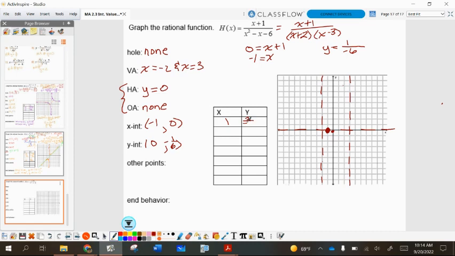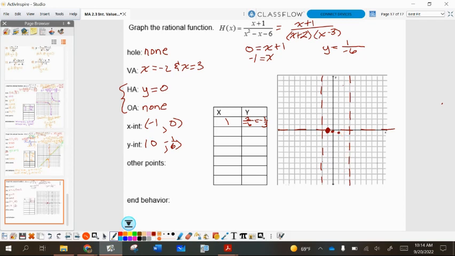So that's 2 over negative 6, which gives me negative 1/3. So still negative, but definitely coming down. I can see that trend, and it's going to be approaching that vertical asymptote.